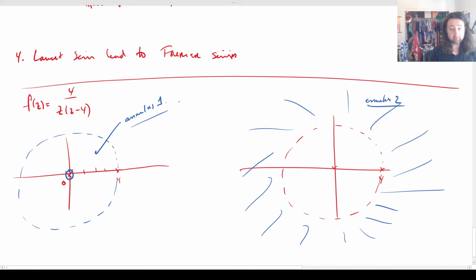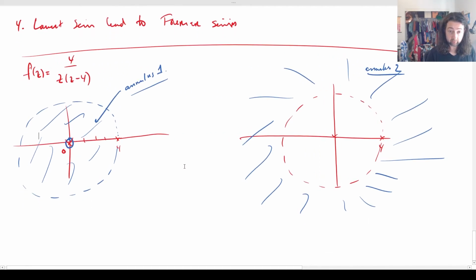And the function will have a different series on each annular domain because the relationship of the z values to the center of the annulus is going to be different. So let's look at a method that expands the function on each one. So we can start with this one.